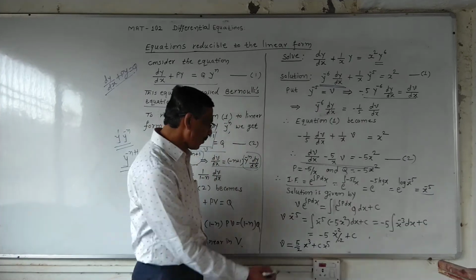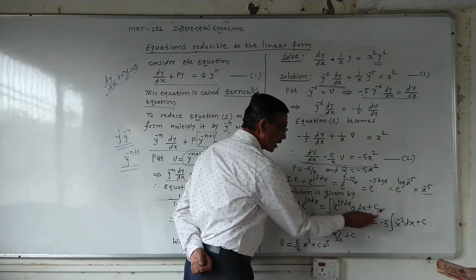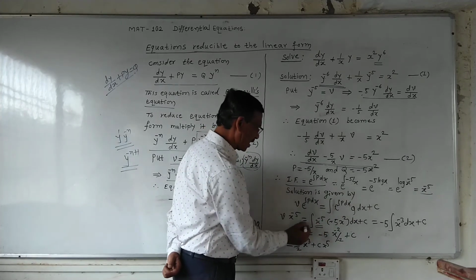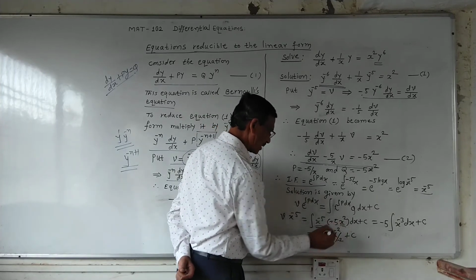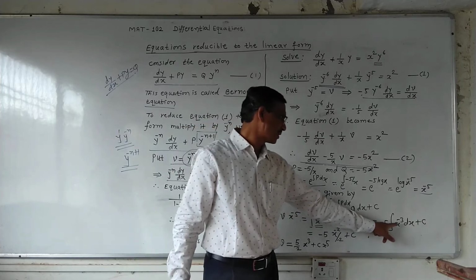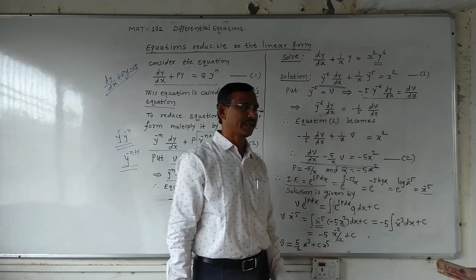Okay, then evaluate this integral. This minus 5 is a constant, we can take it outside of the integral. Then what remains? x raised to minus 5 into x square. x raised to minus 5 into x square is x raised to minus 3 dx plus the constant of integration.